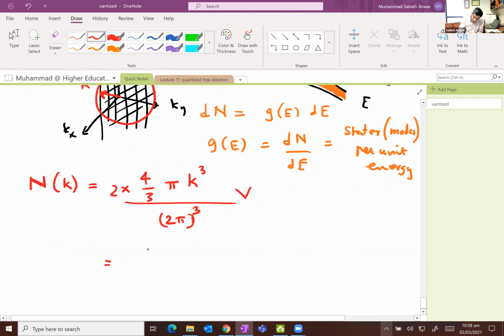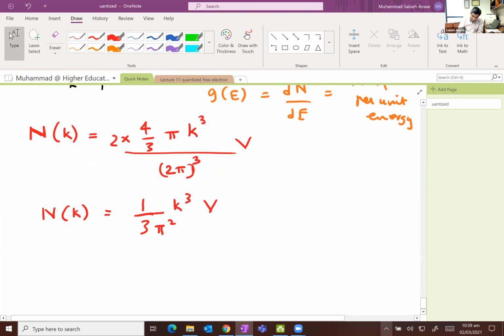So this turns out to be 1 over 3 pi squared k cubed V. This is the number of states up to the radius k.